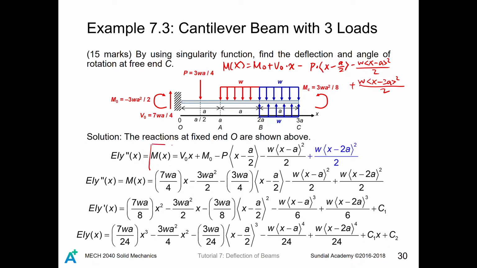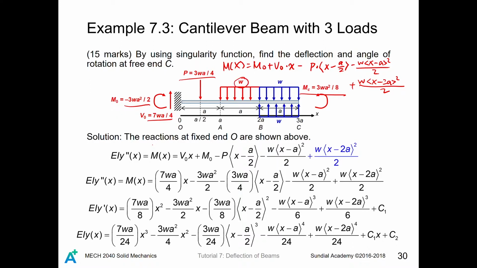Moment equals to V naught x plus M naught minus P times x minus a, then minus those two moments generated by the distributed load. And then we substitute all the things we need, the M naught, the V naught, the P, and the Mc. Although the Mc is not really important, but yeah, also we have w, okay?